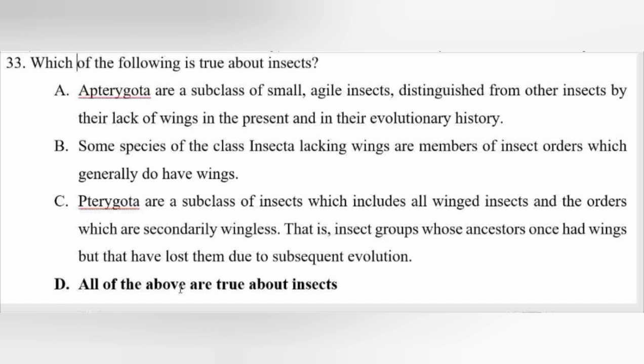Look at option C. Option C says that Pterygota are a subclass of insects which includes all winged insects and the others which are secondarily wingless. In other words, some insect orders are secondarily wingless in the sense that the ancestors had wings, but they have lost the wings due to subsequent evolution. And so all of the above is actually true about insects.